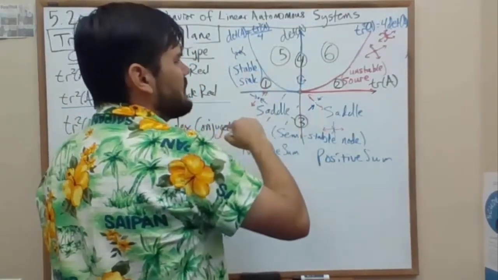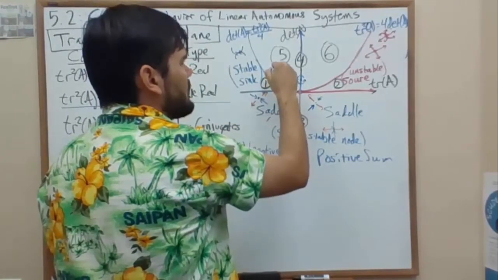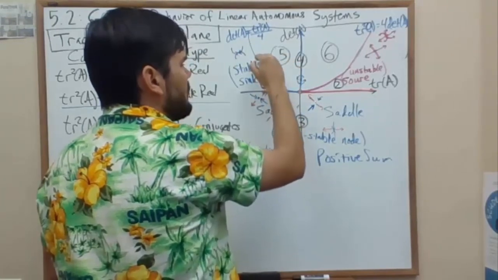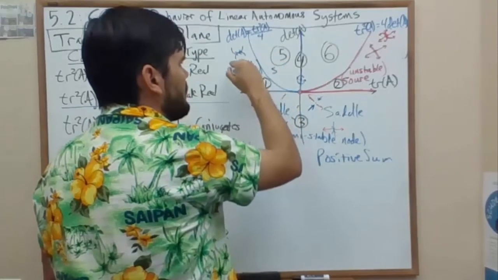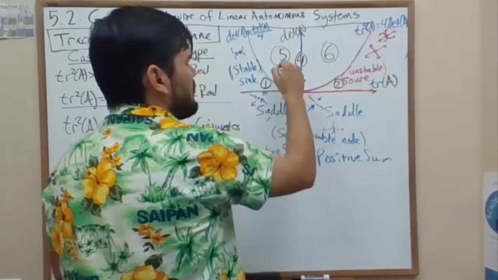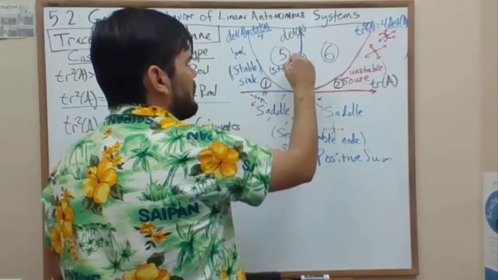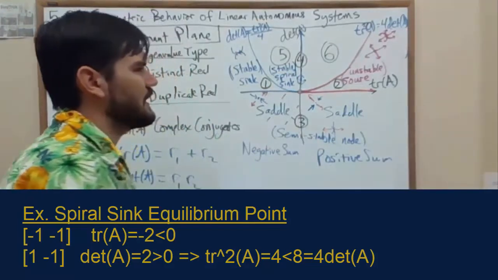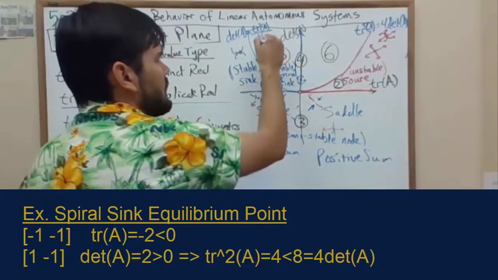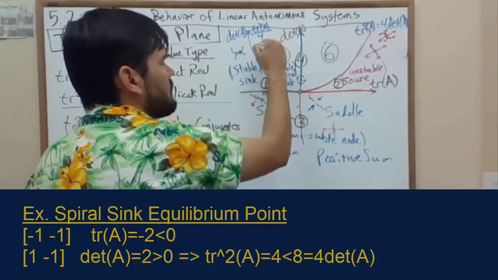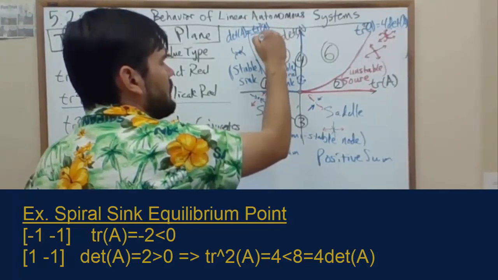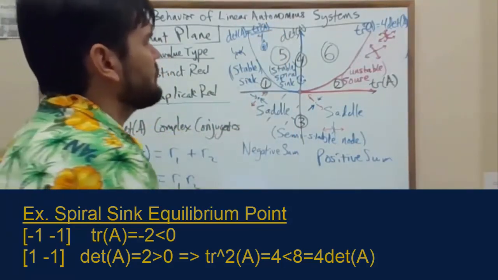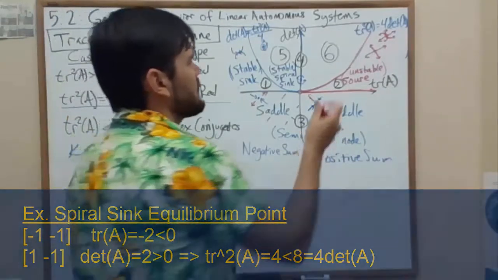On the left, we have a stable region. They are stable. We call them a spiral sink because they are spiraling in to a point. On the other side, we have spiral sources.